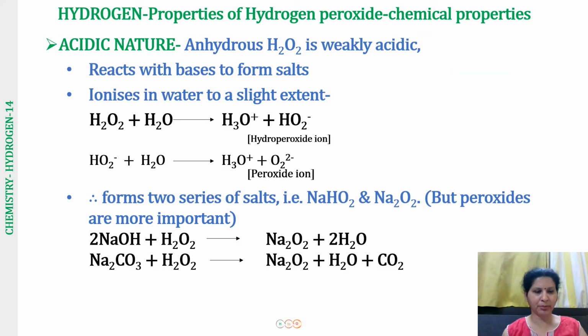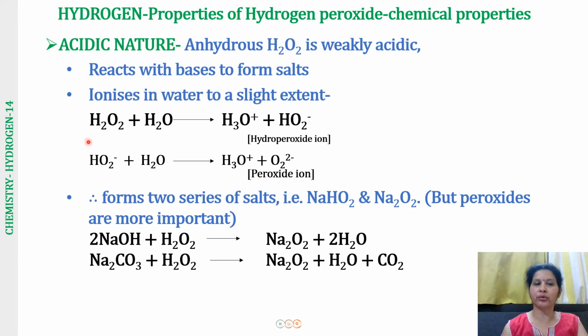So the next property is the acidic nature of hydrogen peroxide. Anhydrous hydrogen peroxide is weakly acidic in solution, and because it is acidic in solution, it can react with bases to form salts, and because it is weakly acidic, it is going to ionize slightly in water.